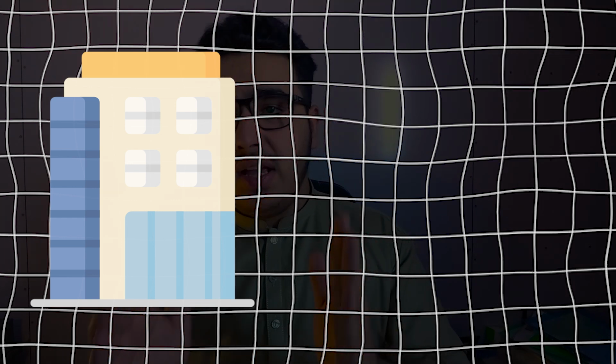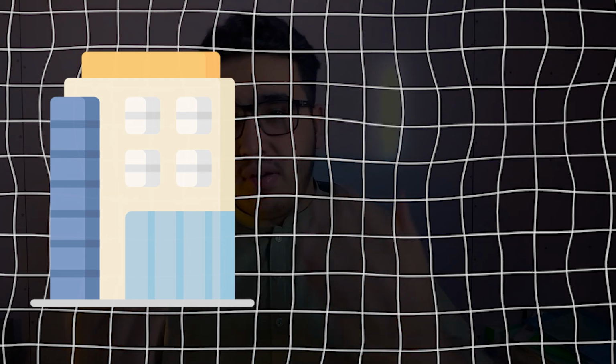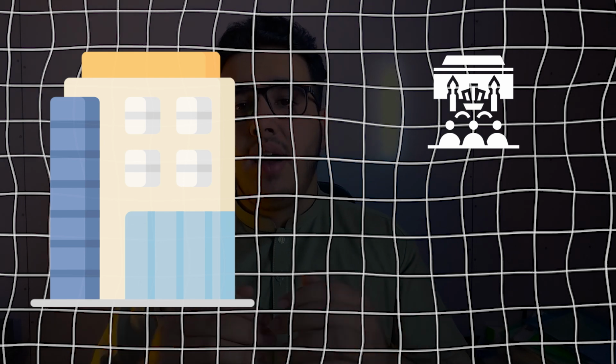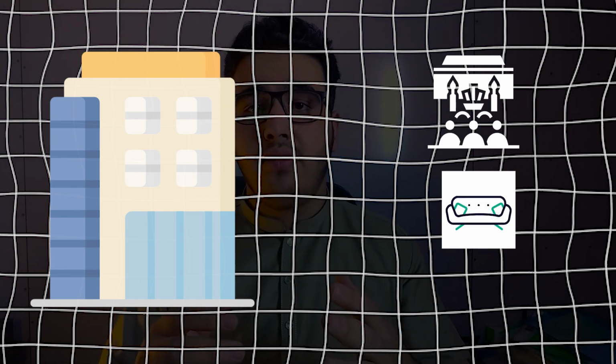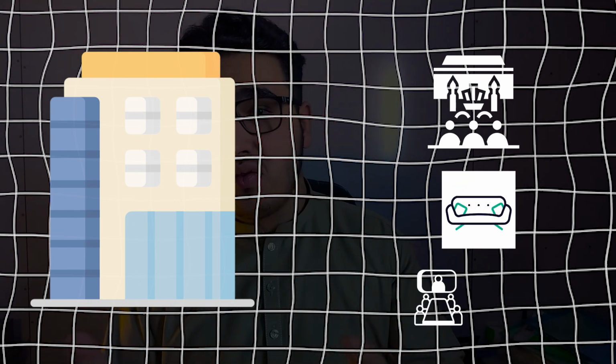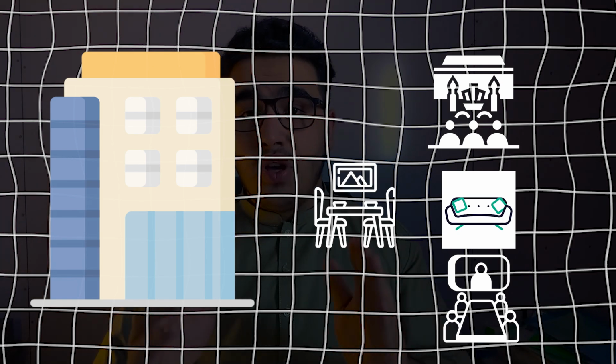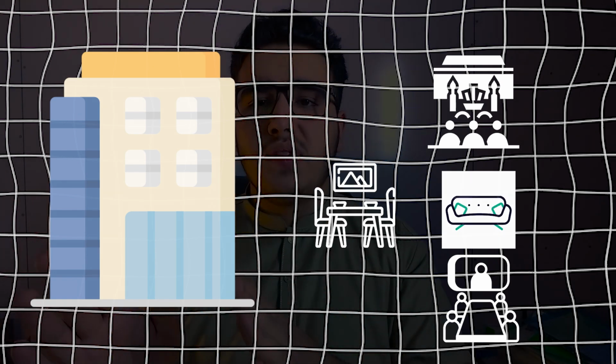When we want to manage that big event in the large building, we segment our event into parts. Like we have the main hall, a lounge, a conference room, and dining rooms, where each part does its own business but they are still connected to each other through the main hall. OSPF is the same.